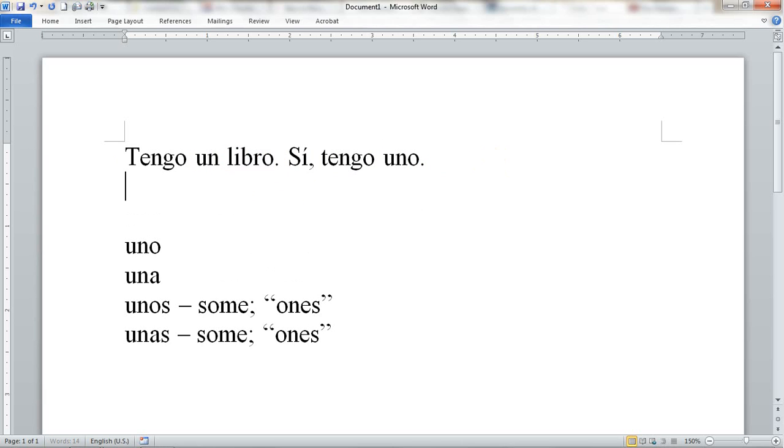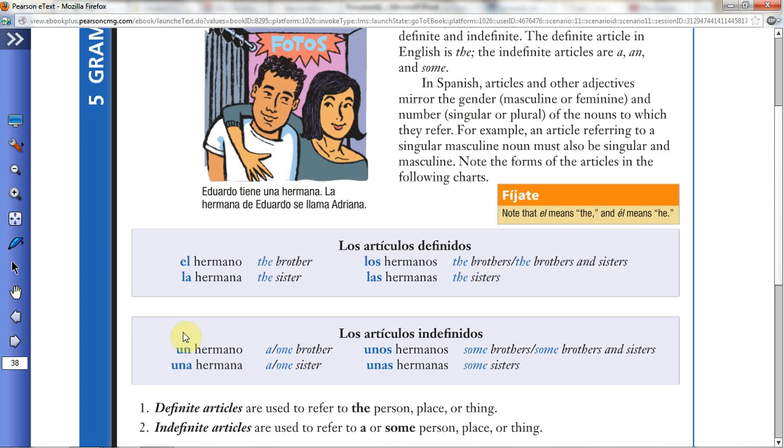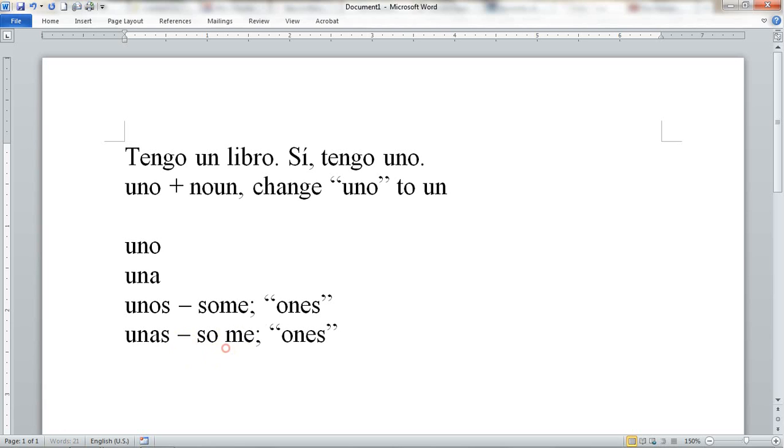When you have uno plus a noun, you change uno to un, or you can consider that you drop the o. Okay. So then when we're talking about an article, such as right here, un hermano, what perhaps you're really saying is uno hermano, but when we have the masculine uno before a masculine noun, we're going to drop the o.